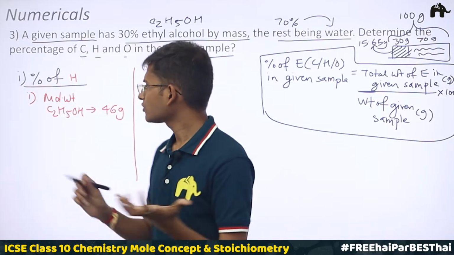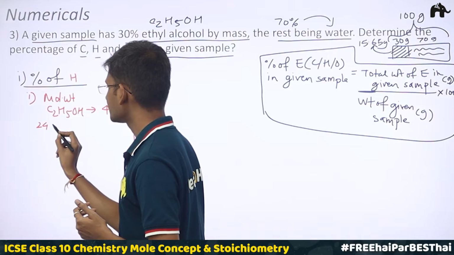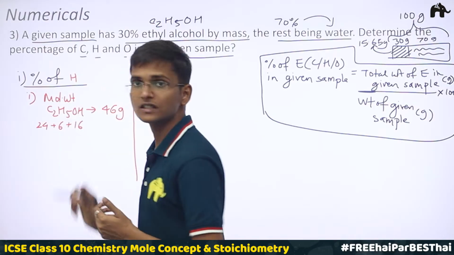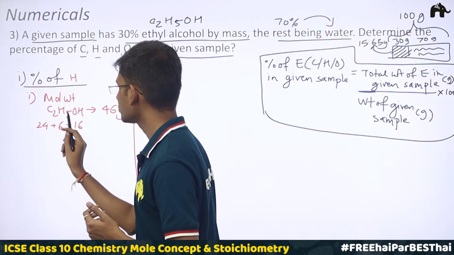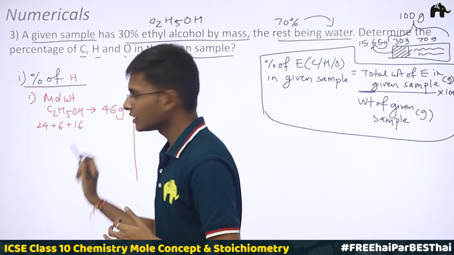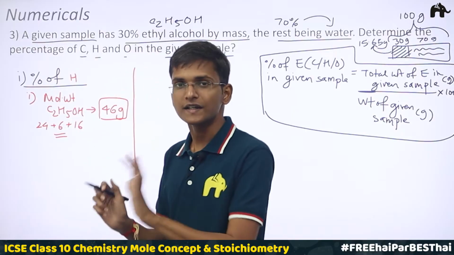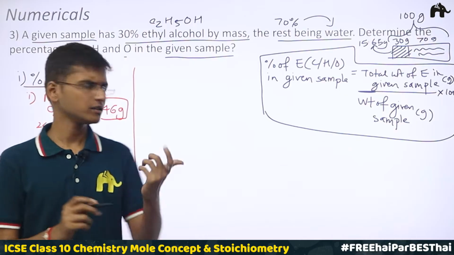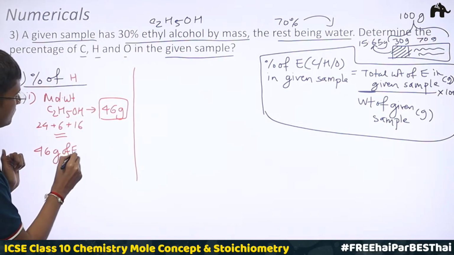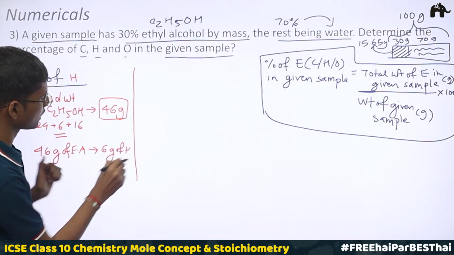Now, see, in this 46 grams, the carbon's part is 24, hydrogen's part is 6, oxygen is 16, right? 2 into 12, 24, 5 plus 1, 6 hydrogen, 6 into 1, 6, and 16. This means that in 46 grams of ethyl alcohol, 6 grams of hydrogen is there. Right? So I would just write it here quickly in the form of a relation. 46 grams of ethyl alcohol has 6 grams of hydrogen.